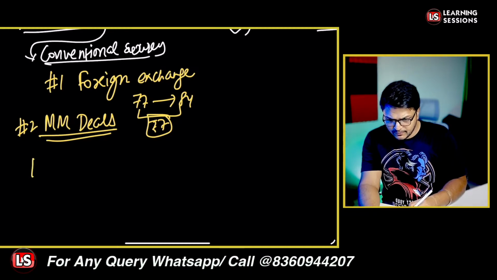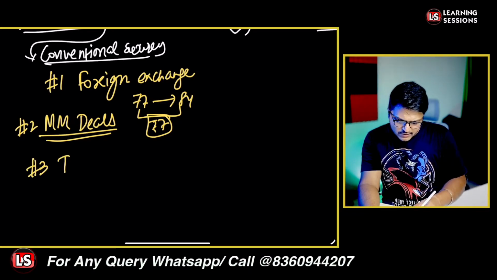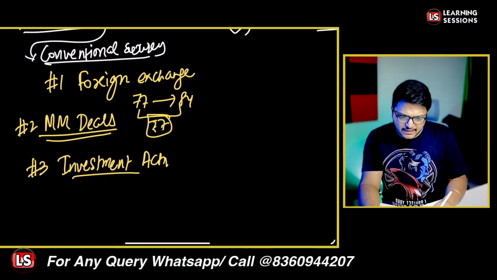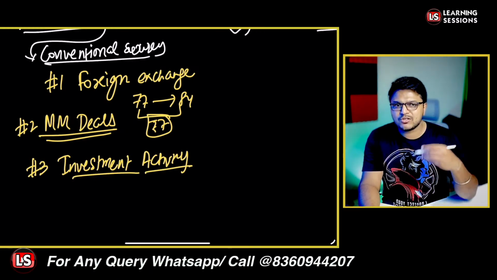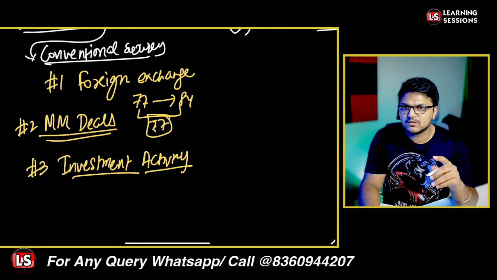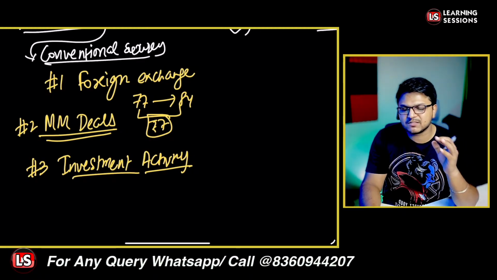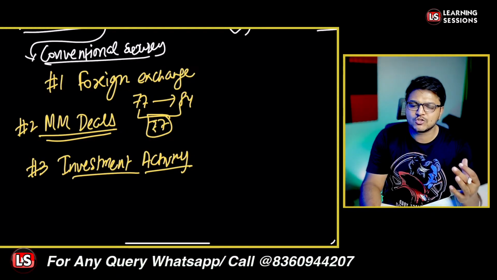The third way is related to the investment activity. If the treasury is investing in government securities, it is done so as to satisfy the requirement for the SLR, that is, the statutory liquidity ratio, because it's mandatory for scheduled commercial banks to maintain the SLR.